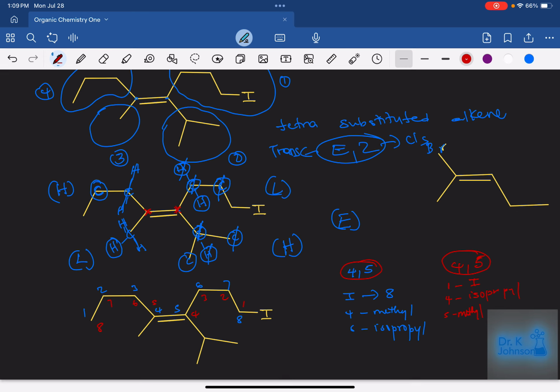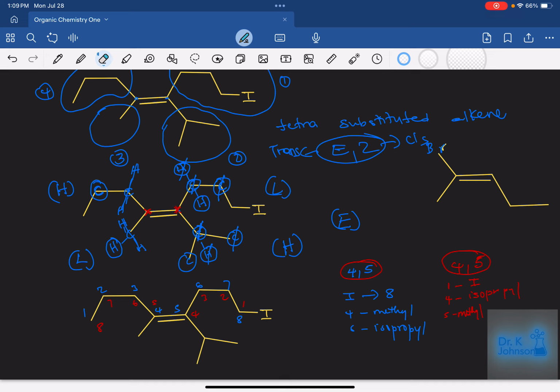But the key is now look at your substituents. If I number with blue, I'm getting a substituent on 8, I'm getting one on 4, I'm getting one on 5. If I do red though, I get a substituent on 1, 4, 5. This is a lower set of combination of substituents. So we would go red.